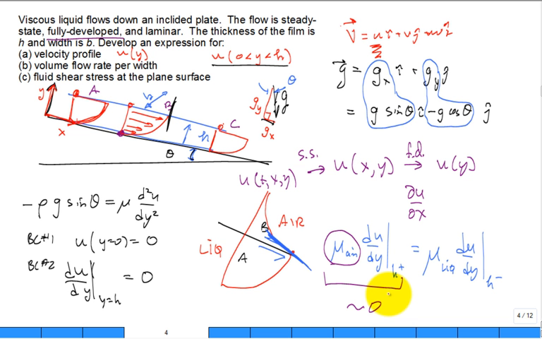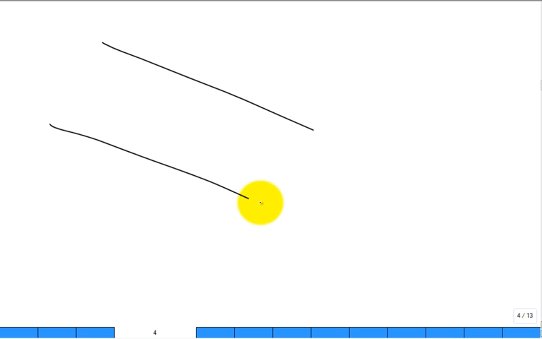Okay? But if you had two viscous, let's say I had two immiscible, meaning they don't mix, fluids. Here's a new problem. In the cavity, here is fluid A, and here is fluid B, and they're both pretty viscous.